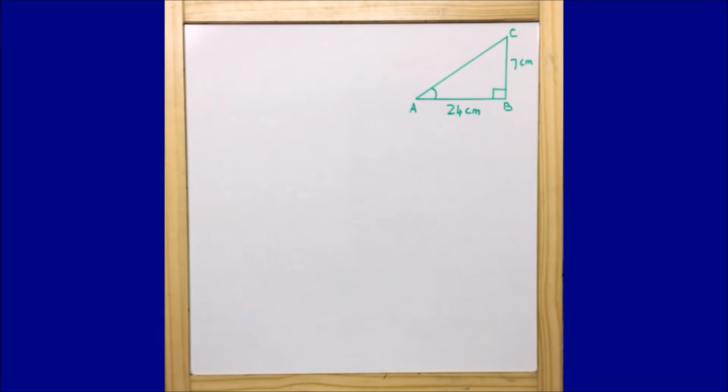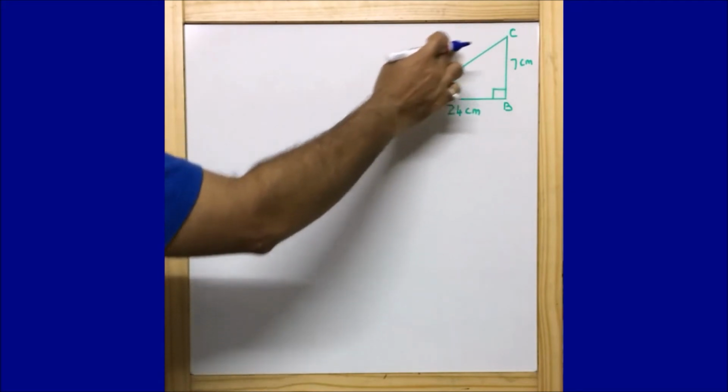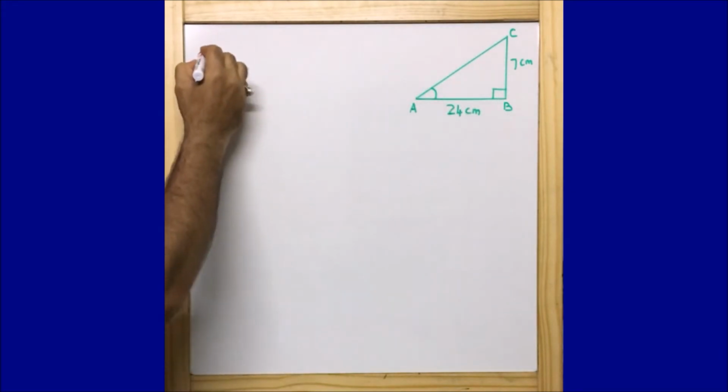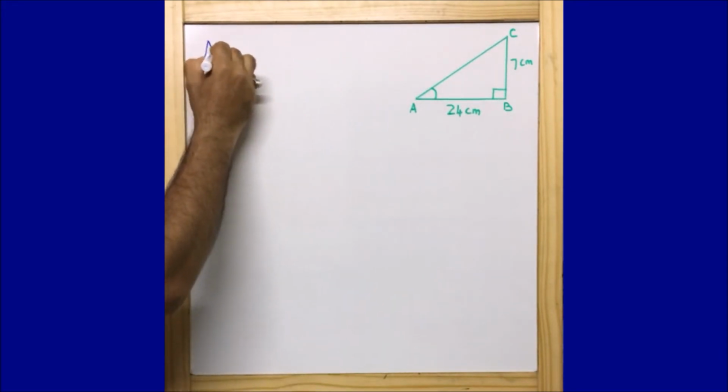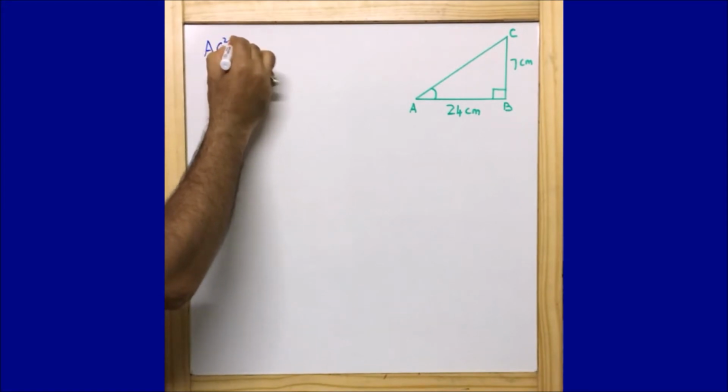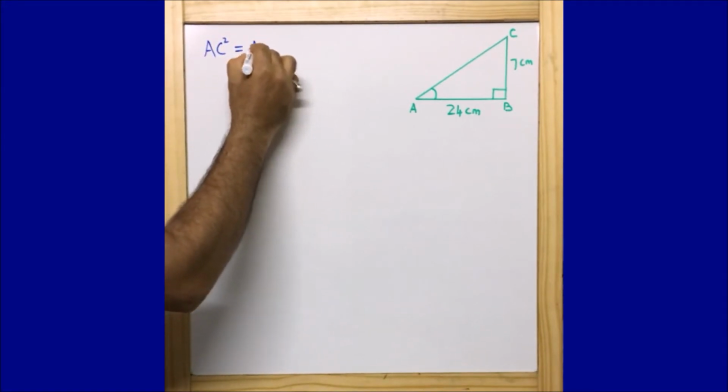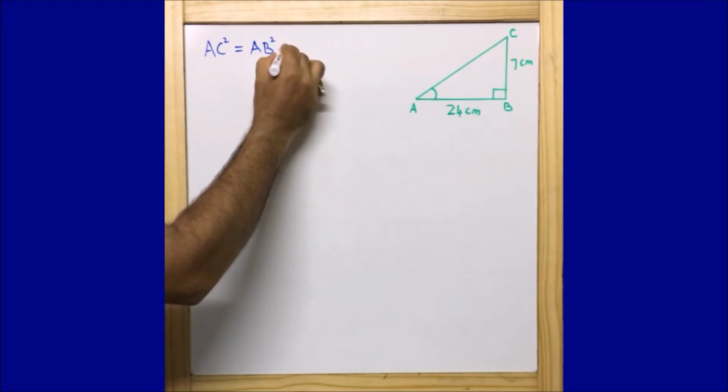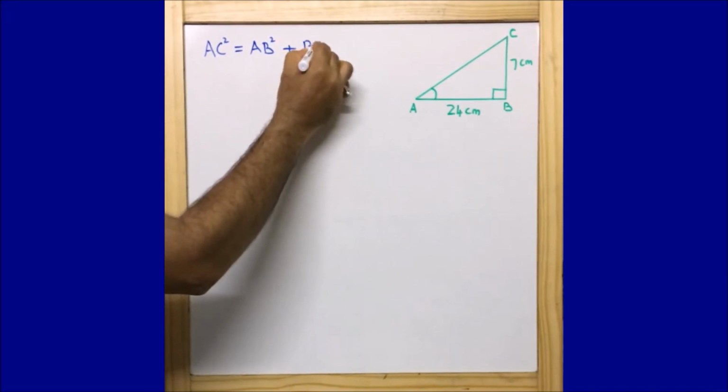Our first job, before moving ahead, is to apply the Pythagoras theorem and find the value of AC. We very well know that AC square is equal to AB square plus BC square.